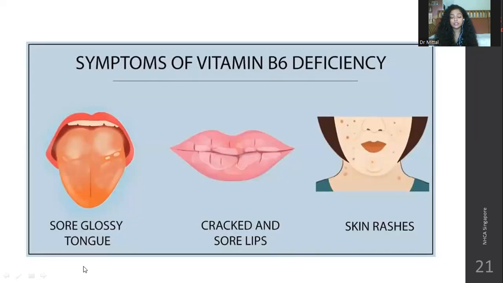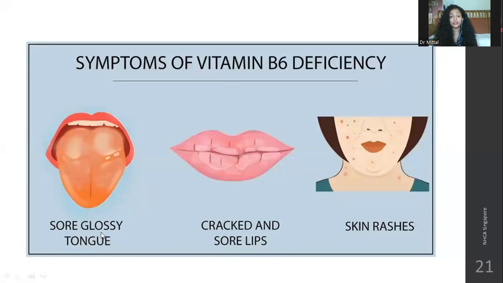Certain central nervous system disturbances can also be seen in the levels of serotonin. It could lead to depression, dermatitis of the scalp in kids, and hyperirritability. Pyridoxine deficient kids are hyperirritable. They cry a lot in the infant stage.